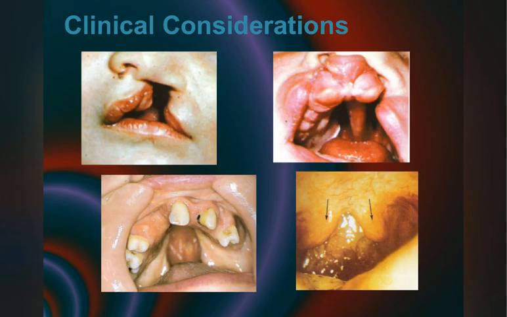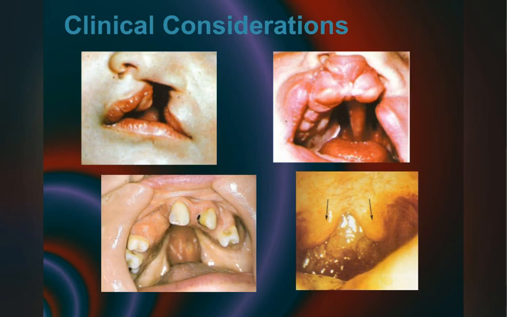Lateral incisors more than canines actually. Alveolar bone missing, tooth missing, and this may also be connected, but we have to look inside the oral cavity, may be associated with the cleft palate as well, which makes the case harder.